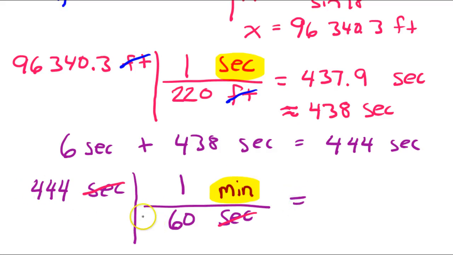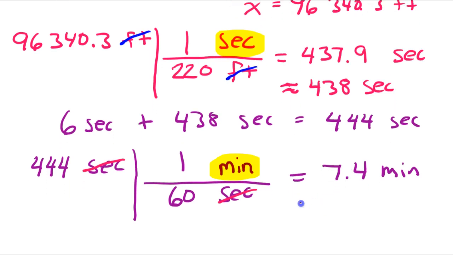If I go ahead and do this calculation, I will have minutes. I've got 444 divided by 60, which is what I'm going to put in my calculator. That gives me 7.4 minutes.